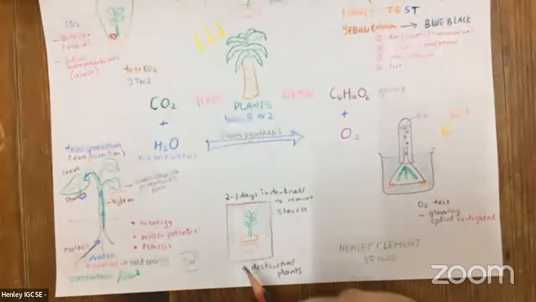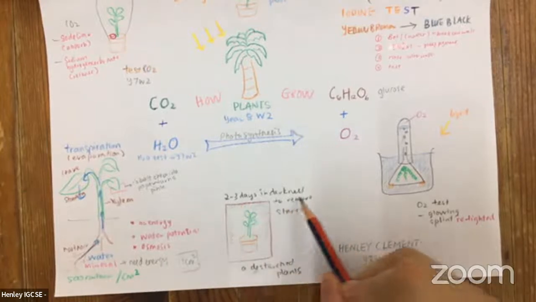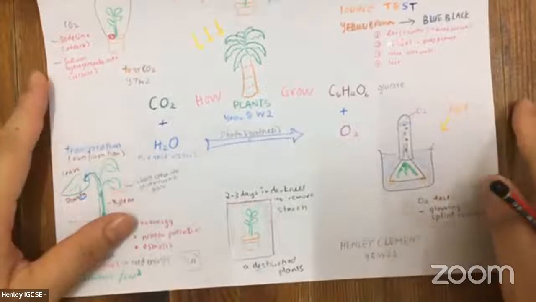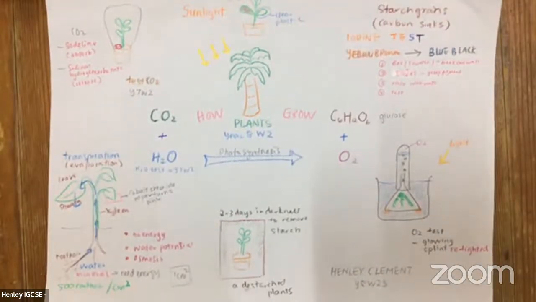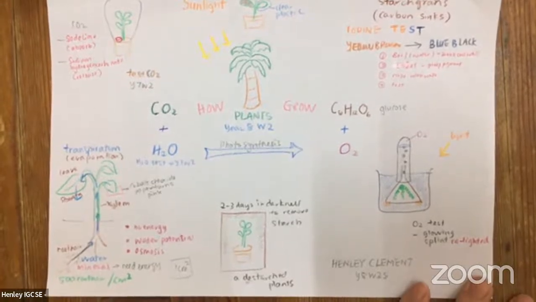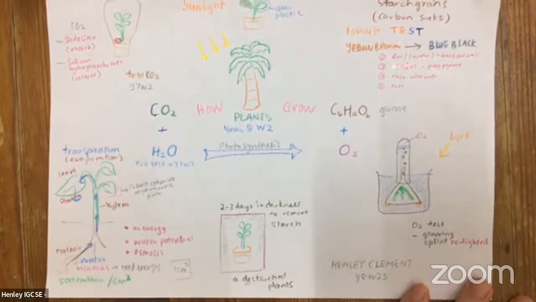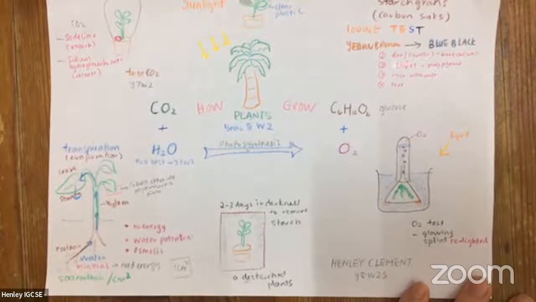How do we get rid of the starch in the plant? Firstly, you need to keep the plant in the darkness for 2 to 3 days. Even though the plant can make its own food, it stores that food as starch grains in its leaves, roots, and any part of its stems.